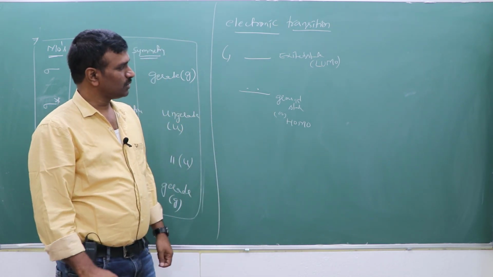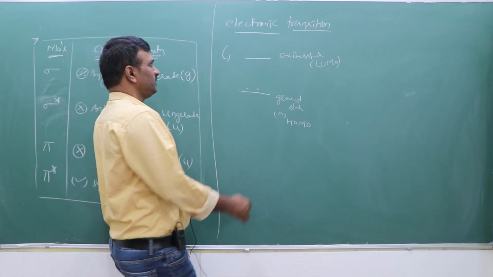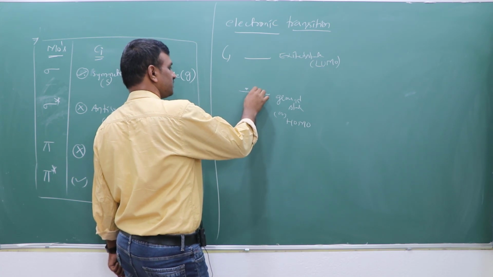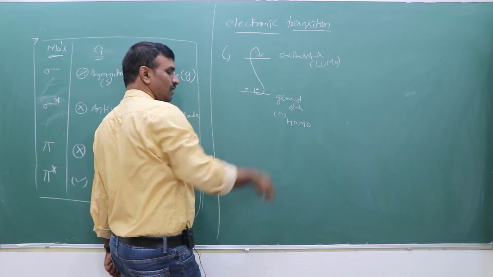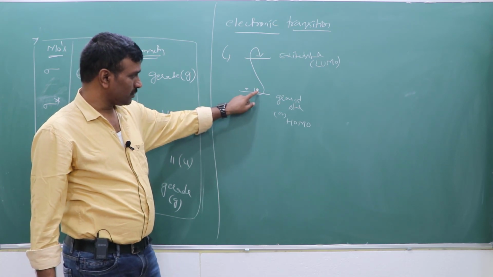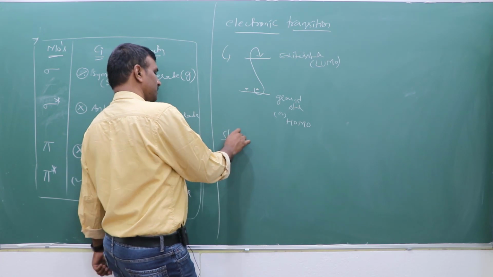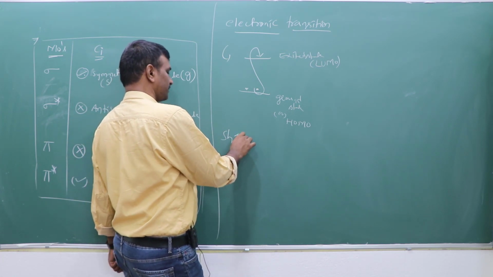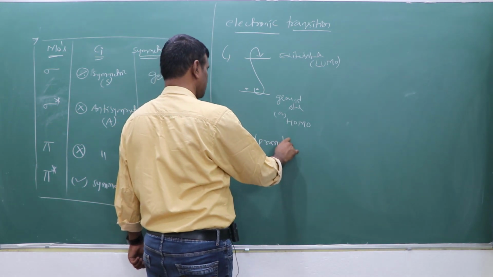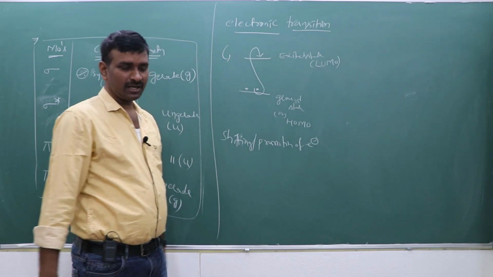Now, based on HOMO and LUMO, or the excited and ground states, there is shifting or promotion of the electron. Promotion of an electron from which level?